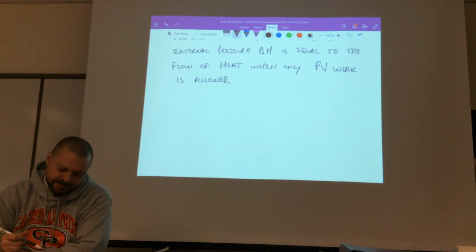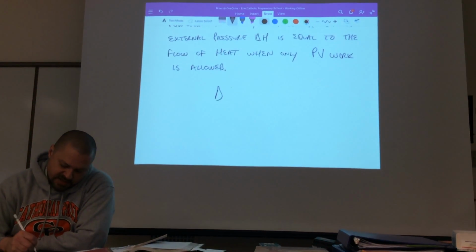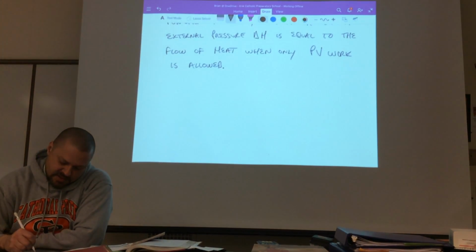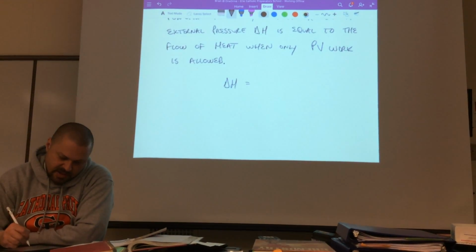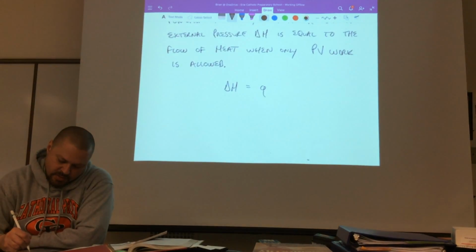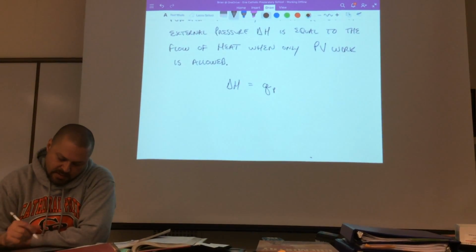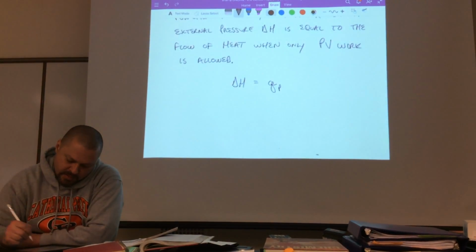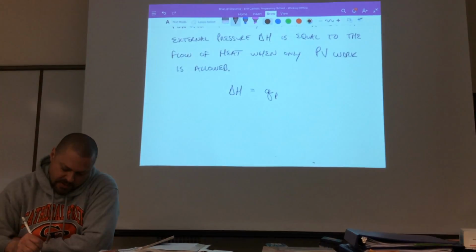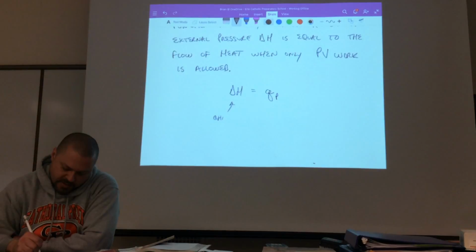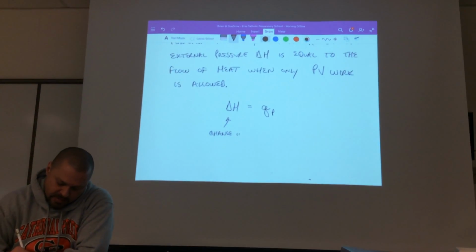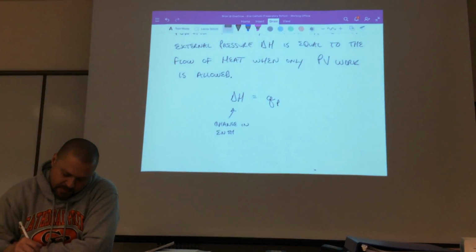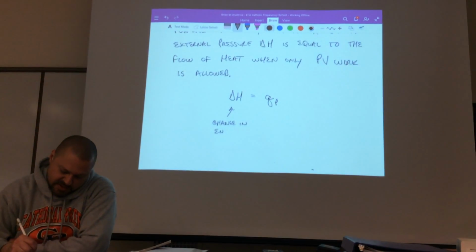So we can say delta H is equal to Q sub P. This is change in enthalpy.